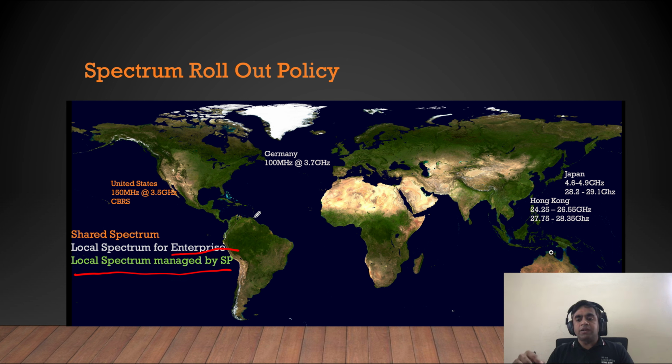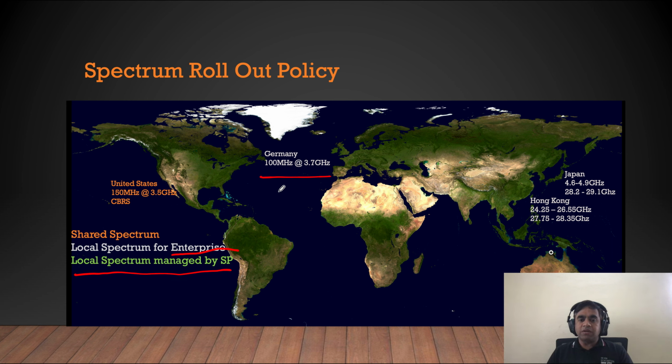Again, I want to reiterate that enterprises are getting this spectrum directly from the government for their private consumption only. For example, in Germany, the 3.7 gigahertz spectrum is available for private consumption. An enterprise can get somewhere like 100 megahertz, which is enough to cover a large site.